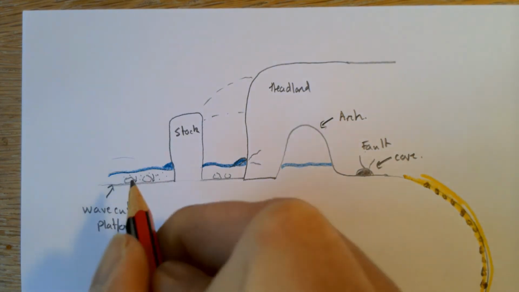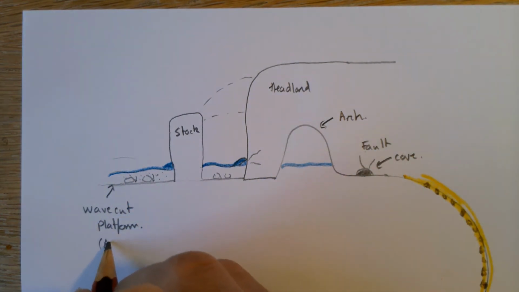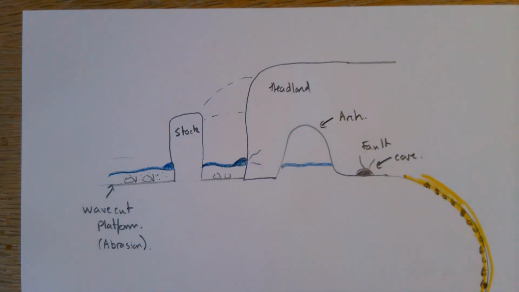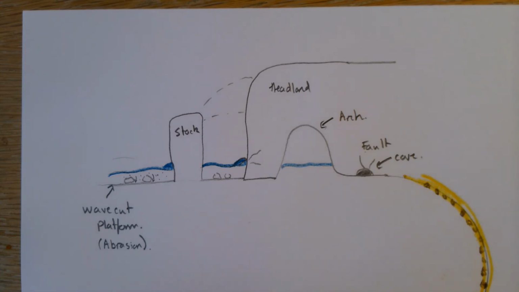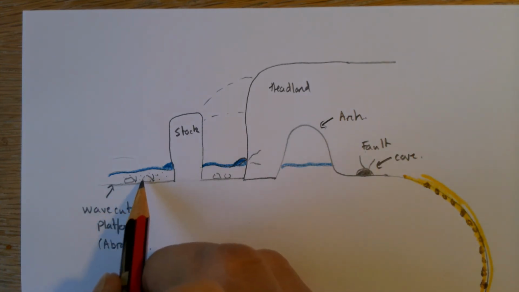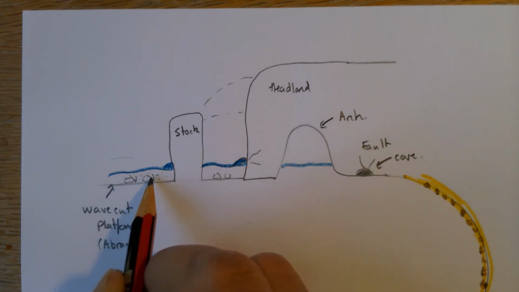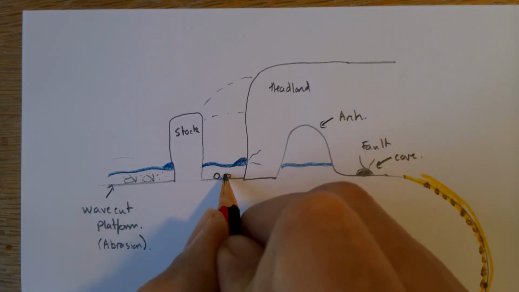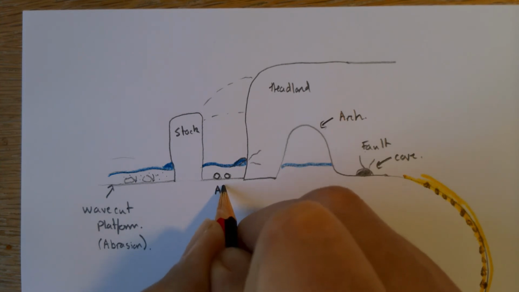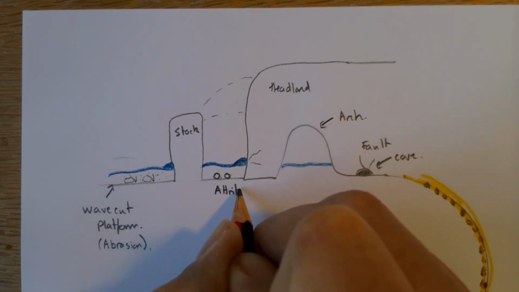So the process of abrasion is going to be very dominant in creating a wave-cut platform. Equally, as those rocks are being rolled around and bumping into each other, they are going to become rounder and smaller by the process of attrition.